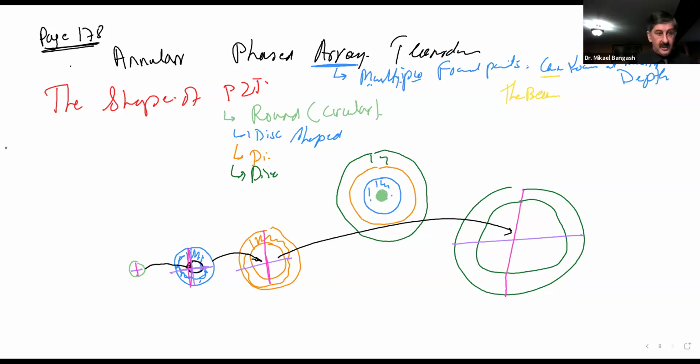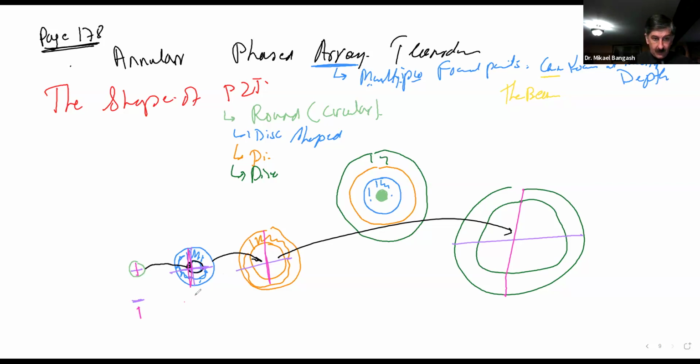So in each of these PCTs here, we can say that the width and the height was the same.